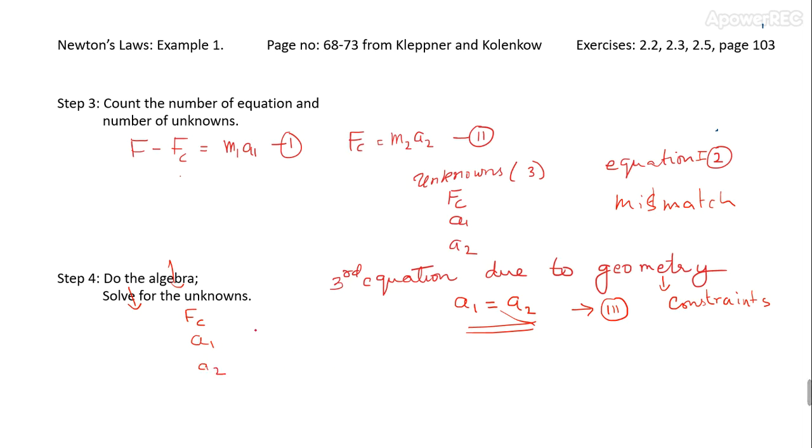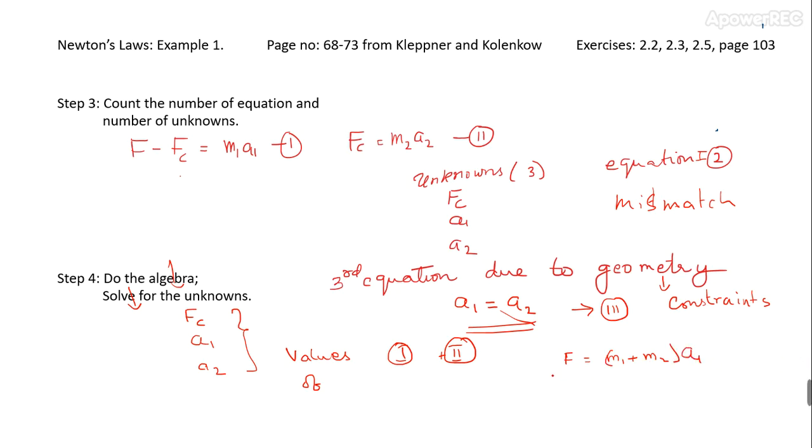So maybe I should just leave this to you and find out the values of each of them, or can I do it quickly? So if I add equation 1 plus equation 2, what I get is F is equal to M1 plus M2 into A1.